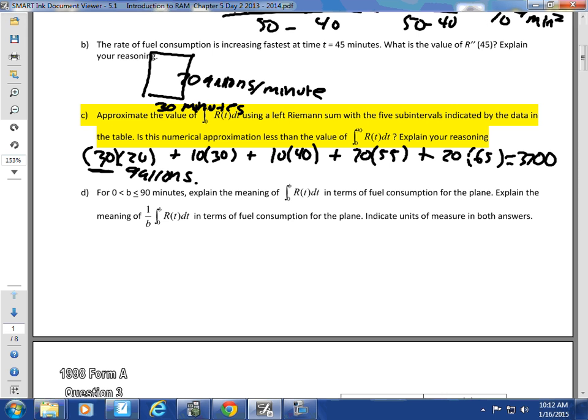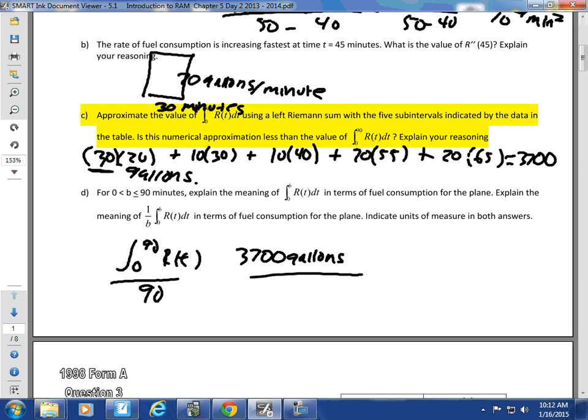So if I took the integral from 0 to 90 of function r of t and divided that by 90, what I would have is 3,700 gallons per 90. 90 what? 90 minutes. This is 0 to 90 minutes.